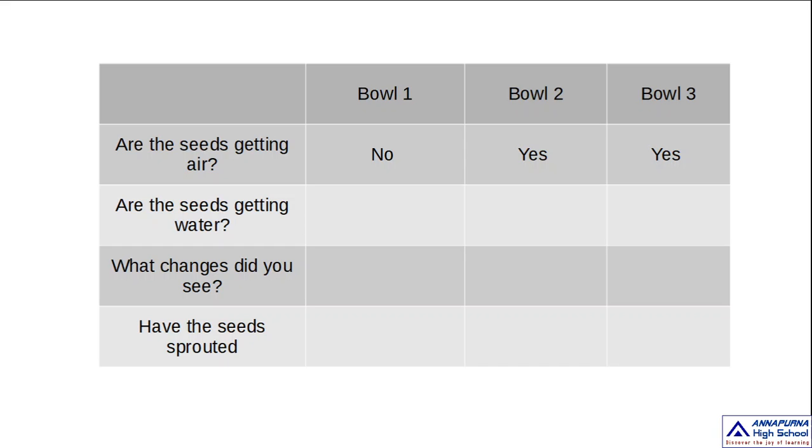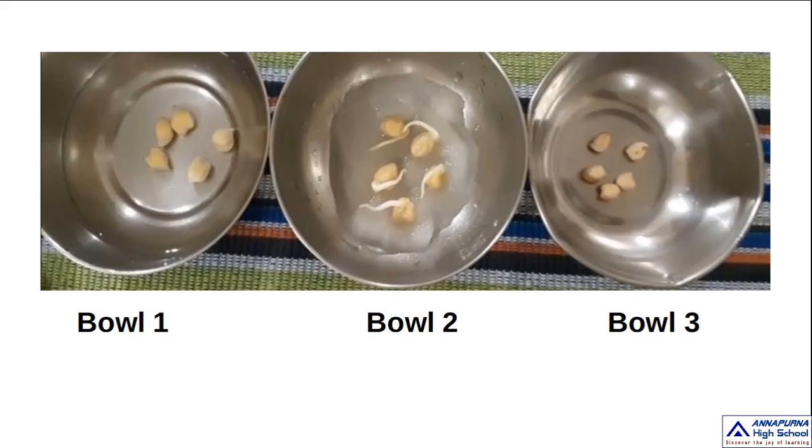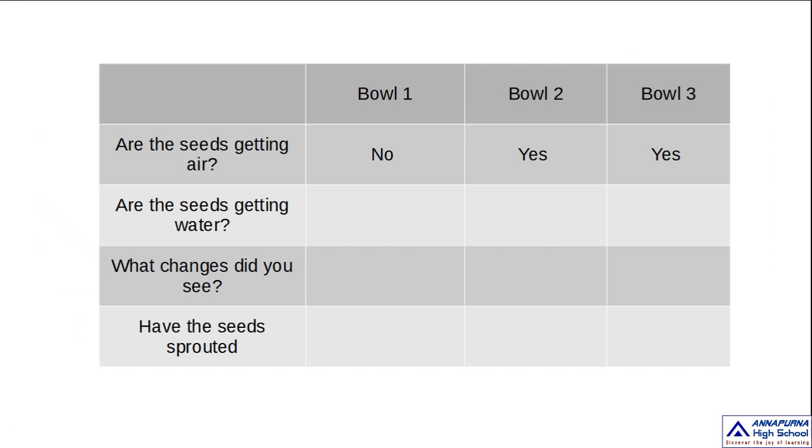Here one question and answer was already given in your textbook. Are the seeds getting air? First bowl, was it getting air? It was filled with water, that's why it didn't get any air.